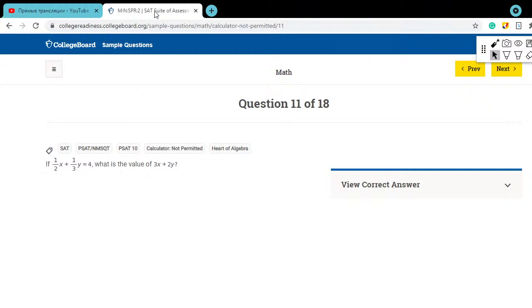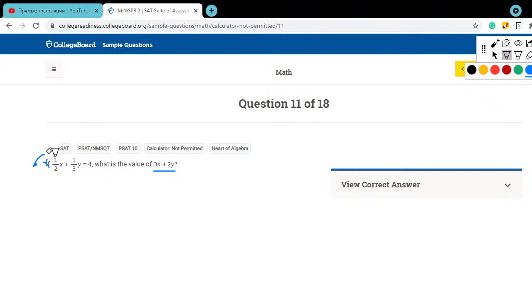Our next question. So if this one equals 4, what is the value? What I would usually do, I'll try to get rid of denominators by multiplying inside by the least common multiple, as we did before. So for 2 and 3 it's 6.